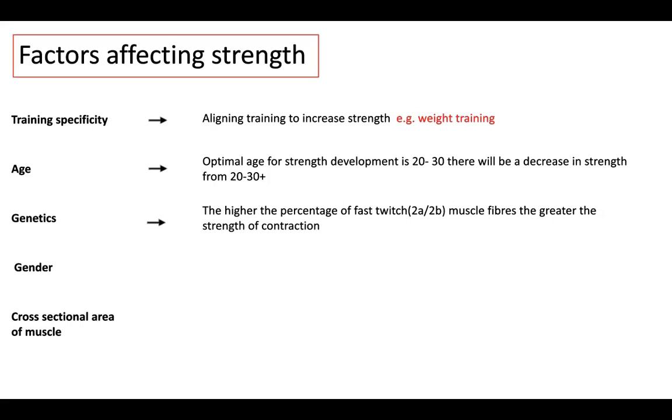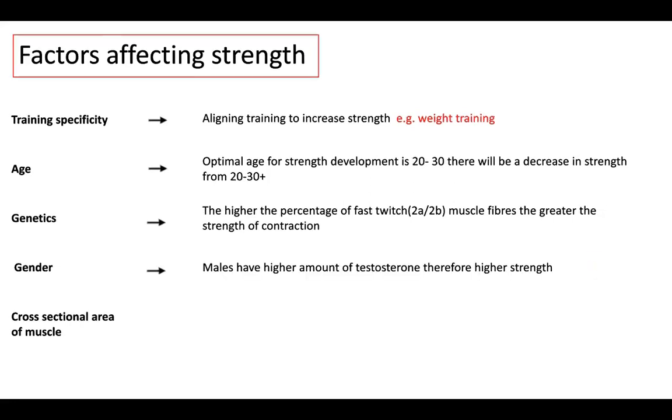If you remember back to aerobic capacity, the factors that affected our aerobic capacity in terms of genetics would be slow oxidative muscle fiber types. The more slow oxidative muscle fiber types you have, the better aerobic capacity you're going to have. It's flip reverse for strength. So the higher percentage of fast oxidative glycolytic and fast glycolytic muscle fibers that we have, the greater the strength of contraction is going to be.